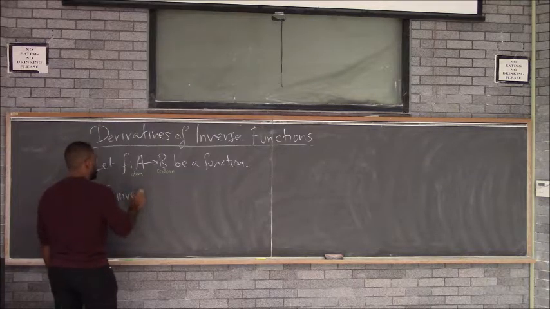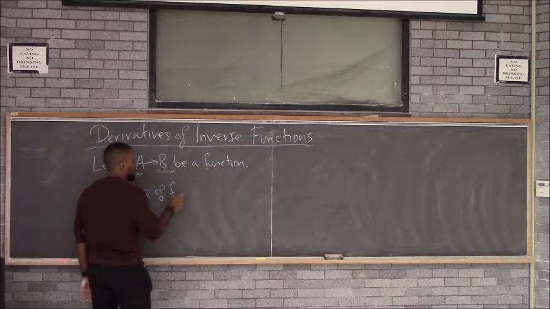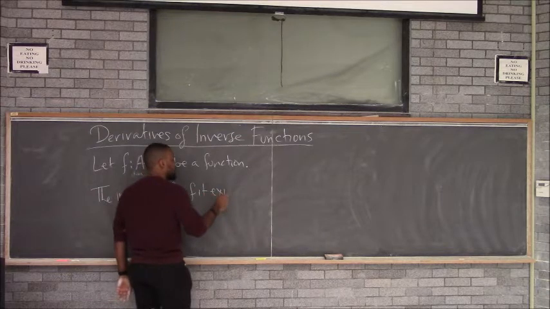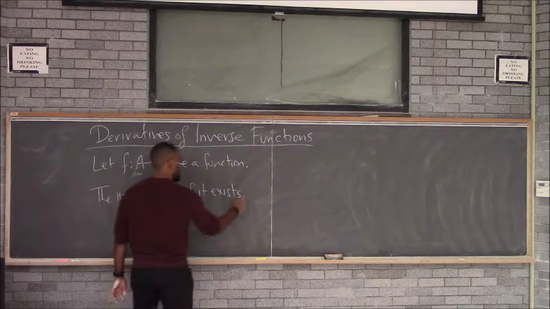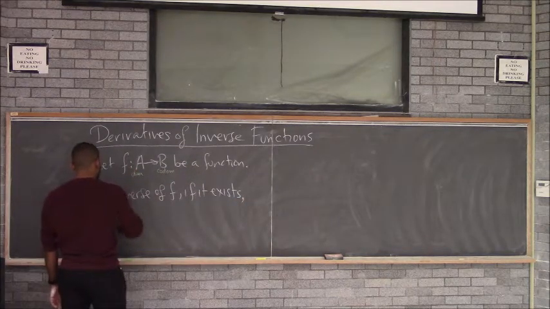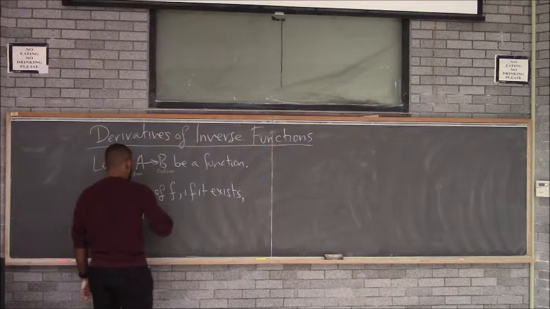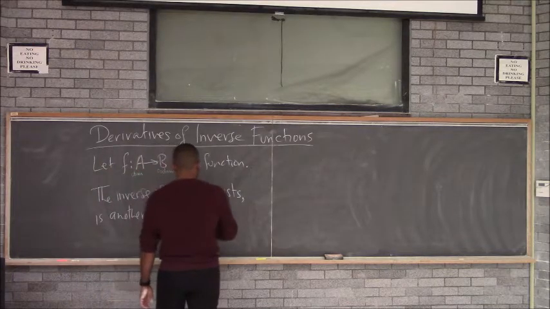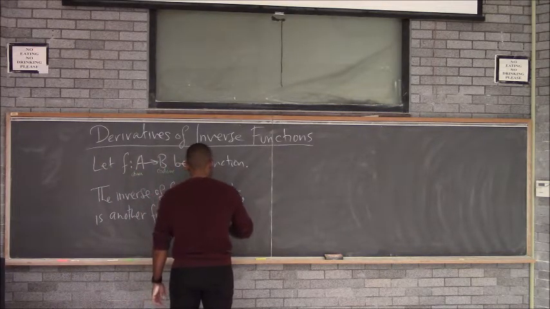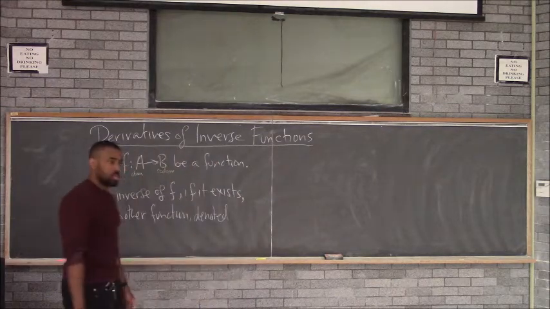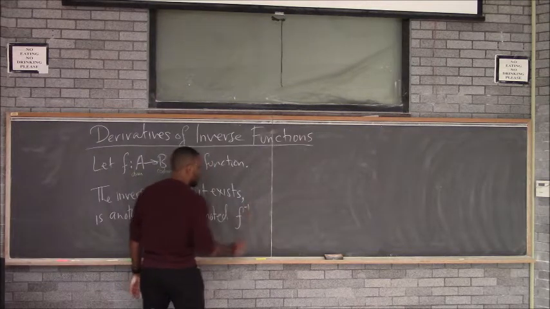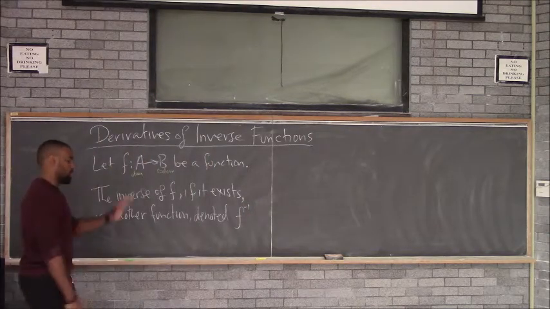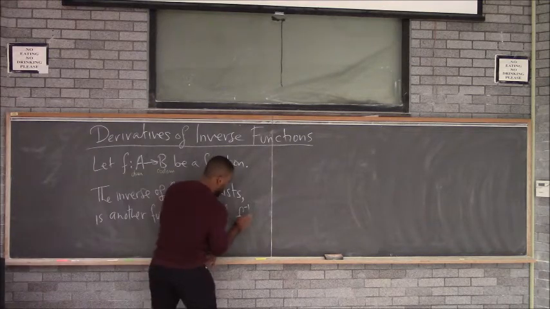The inverse of f, if it exists, it might not exist, I'll tell you when it does or doesn't, is another function denoted... Do you remember the notation for inverse functions? Right, it's f raised to the negative 1, which causes all sorts of confusion, but we'll talk about alternative notations in some situations.